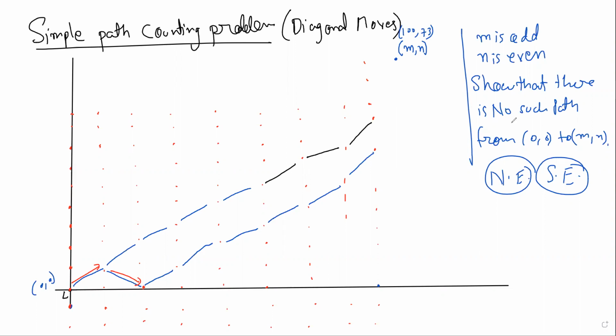So basically I'm saying that if the parity of m and n is different, one is odd and the other is even. But you see, you're starting from a place where the parity of both things is the same. 0, 0, both even.